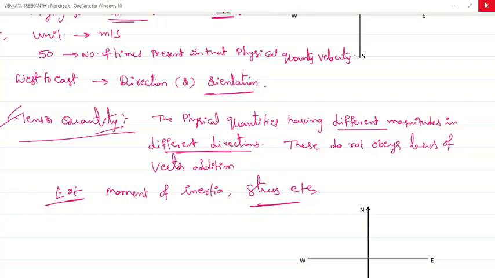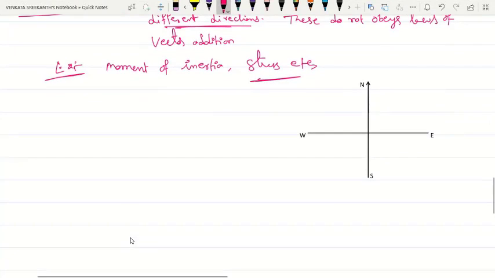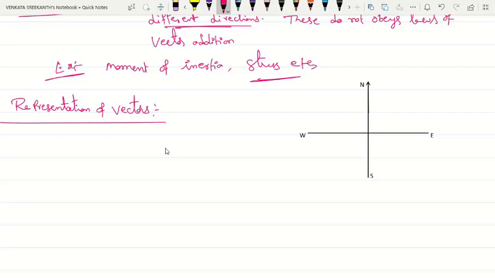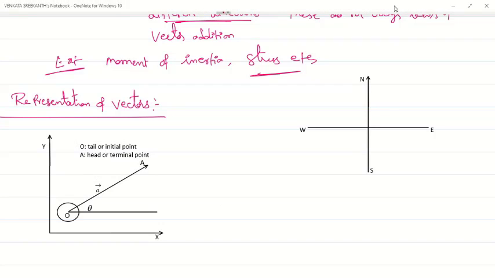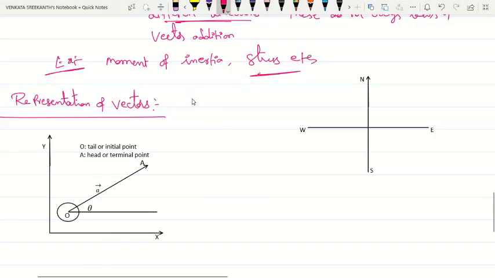Now, we are going to discuss the representation of vector quantity. Our next point is representation of vectors. See here, my dear students, how can we represent vectors? All of you concentrate on this diagrammatic part.